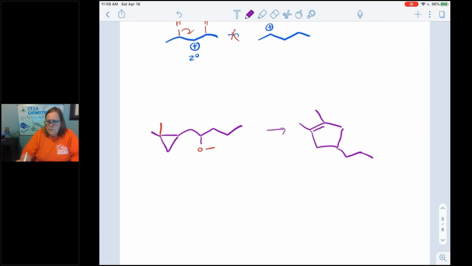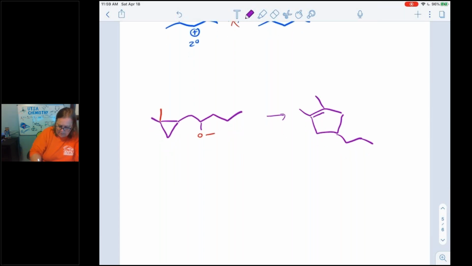And so how do you know what to do? Well, it depends on what I give you, honestly. By experience, by having done some of these problems, by working through them. So at some point I would have formed this carbocation here.